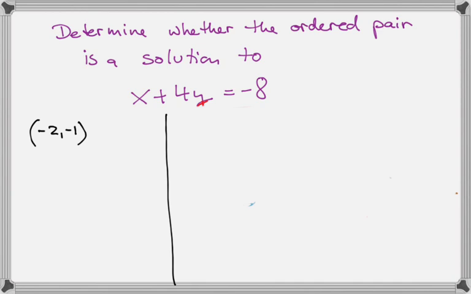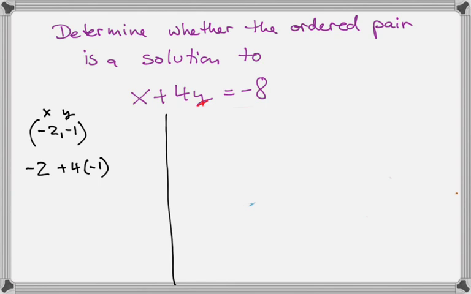I'll show you one and then I'll give you another one. This is your x and y value that you now have to plug into the original equation that I gave you here. And if it's equal to -8, if the left-hand side is equal to the right-hand side, then we know, yes, it is a solution. So x replace with -2 plus 4 times -1.